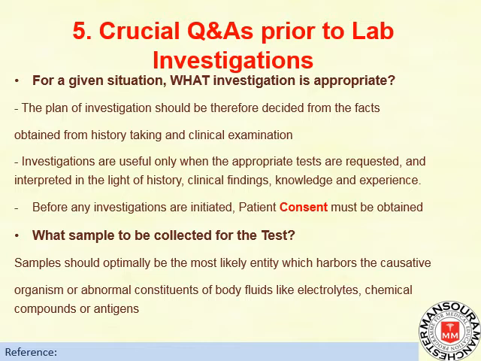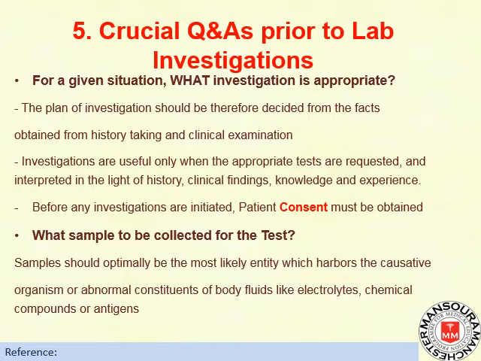Before any investigation is initiated, we should obtain consent from the patient if he is an adult, and from the parent or guardian if the patient is a child. What sample should be collected? This is actually one of the most important pre-analytical or preliminary steps before ordering any lab investigation.